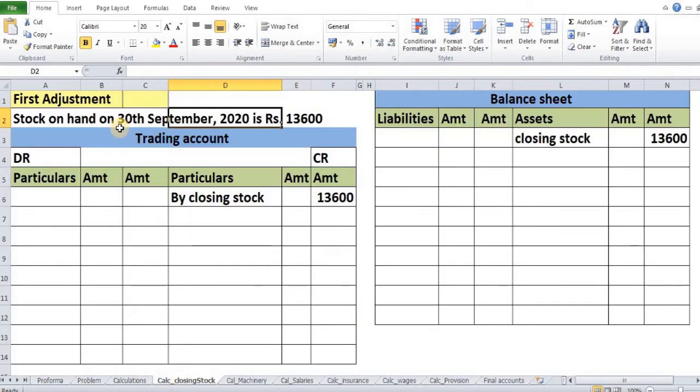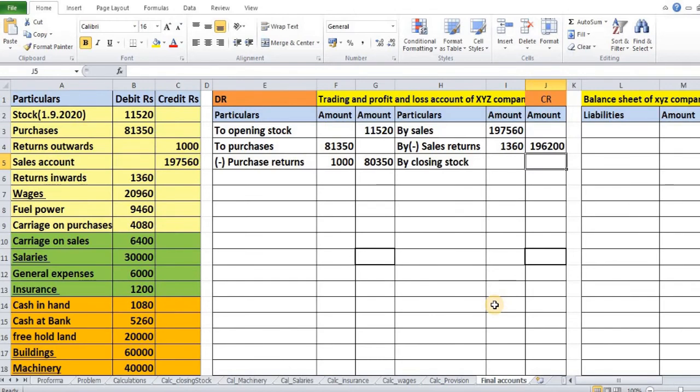Here we have closing stock amount in the adjustments, that is 13,600. We will mention 13,600 in the outer column on the credit side. Our next accounts for trading account are wages, carriage on purchases, fuel and power.